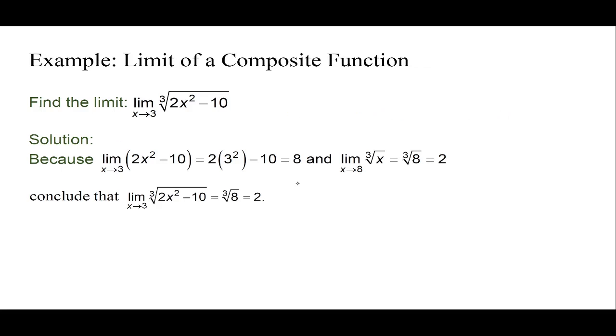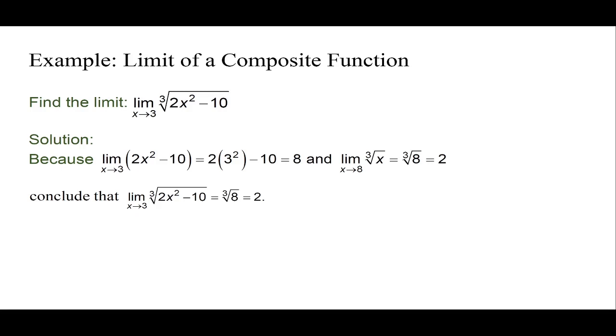One example, let's say we're interested in finding the limit of this. As you can see here, first of all, find out what happens to this inner function when x approaches 3. That is, just replace this x by 3, and that will give you 8.